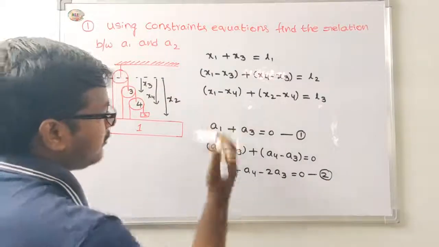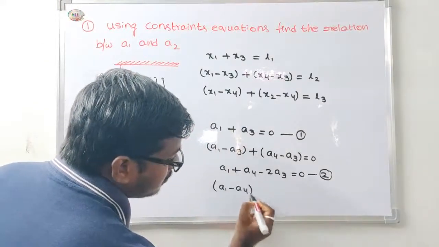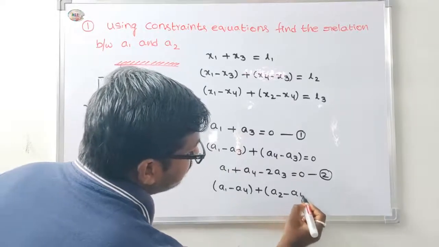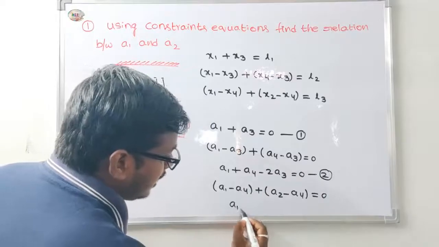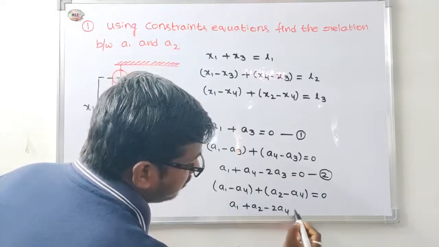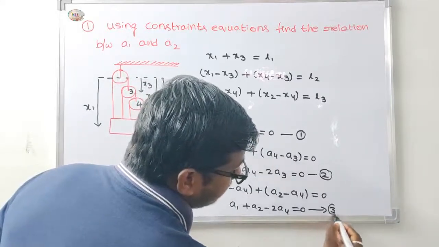Next, a1 minus a4 plus a2 minus a4 is equal to 0, so a1 plus a2 minus 2a4 is equal to 0, equation number 3.